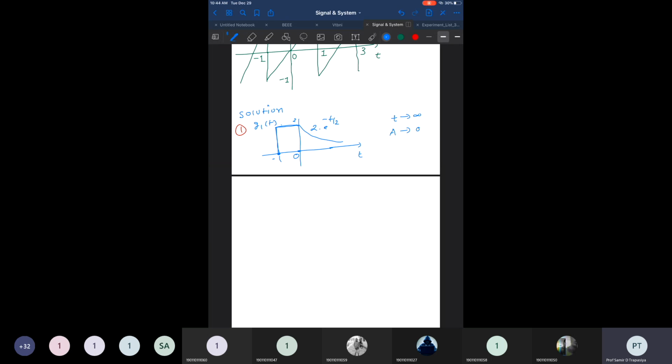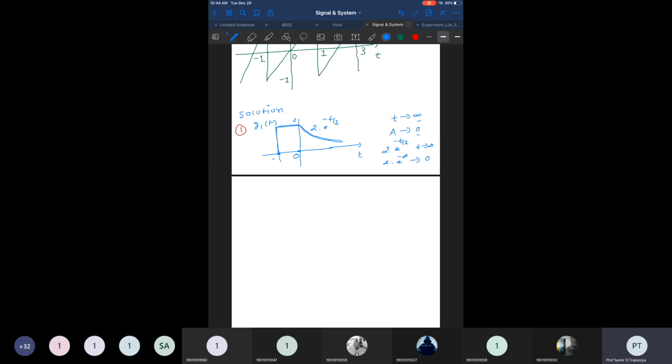But if we see the other portion, 2 times e raised to minus t/2, as t approaches infinity, we get 2 times e raised to minus infinity, and e raised to minus infinity is 0. So this signal's amplitude goes to 0, and we can say this is a finite duration signal.